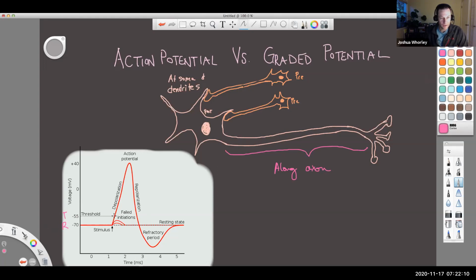Now, if there's some sort of stimulus that gets us to this magical threshold potential, then we get this rapid depolarization and repolarization, and then hyperpolarization down here, which we actually haven't labeled, but we probably should. This hyperpolarization is way below resting potential, and then finally we get back to the resting state.